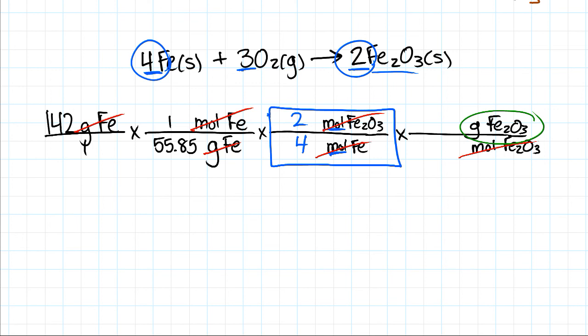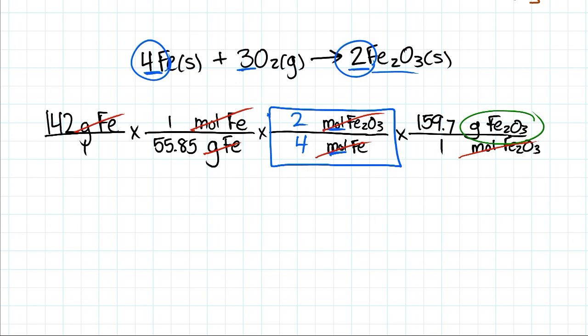What is the molar mass of 1 mole of Fe2O3? According to your periodic table, add up 2 irons and 3 oxygens, and you'll get 159.7. The next step is just doing the math and making sure that you have your order of operations correct, using parentheses or whatever your technique is.